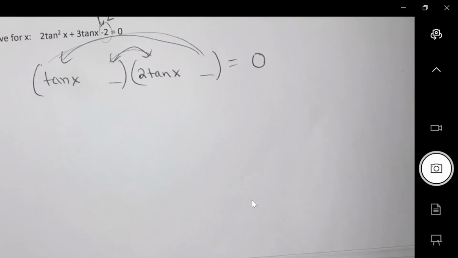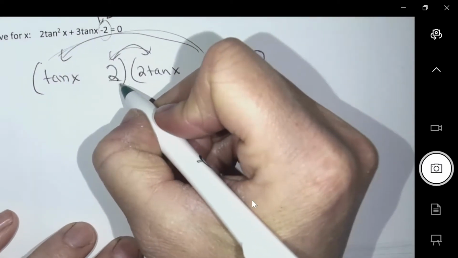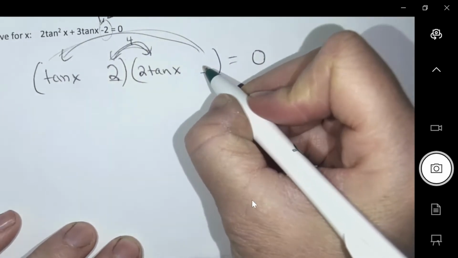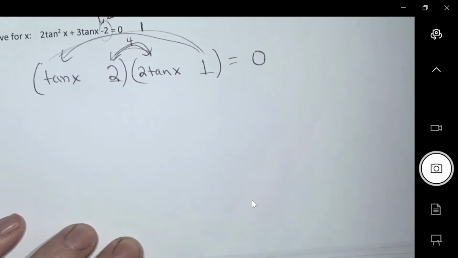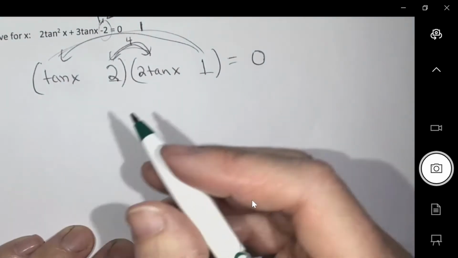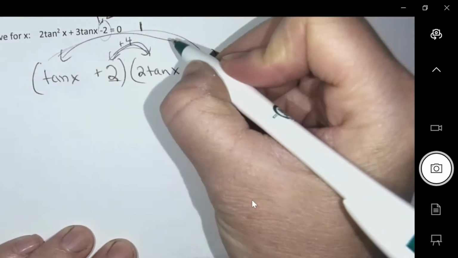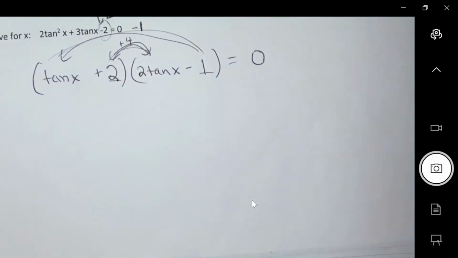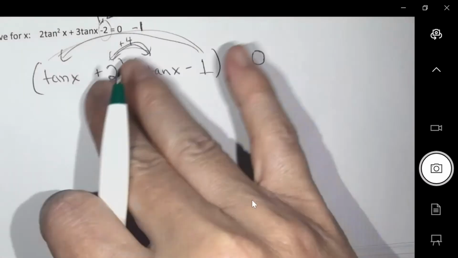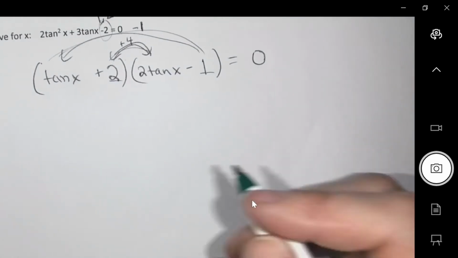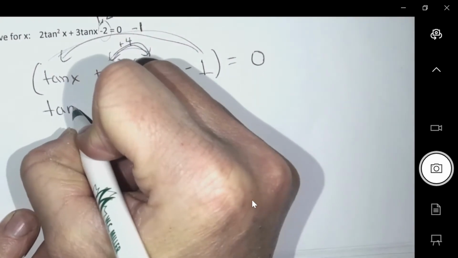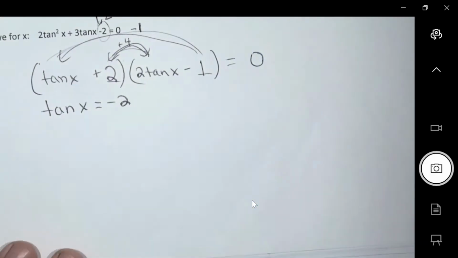Okay, so I'm going to put the 2 here, making 4, and the 1 here, making 1. And then I need a +4 and a -1. And that's how I got to my 3. You can also do it with a box or with partners, but there's a little bit of problem solving if you do it this way, because there are not very many options. Okay, so I'm going to go tan x equals -2.